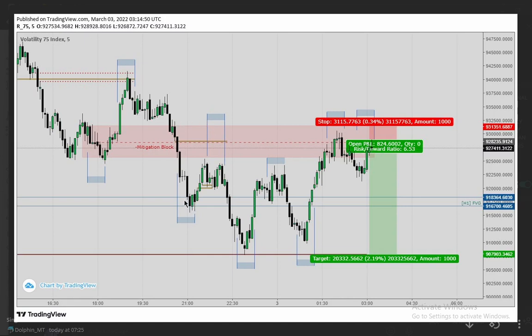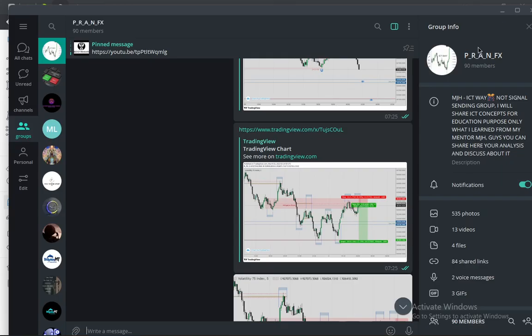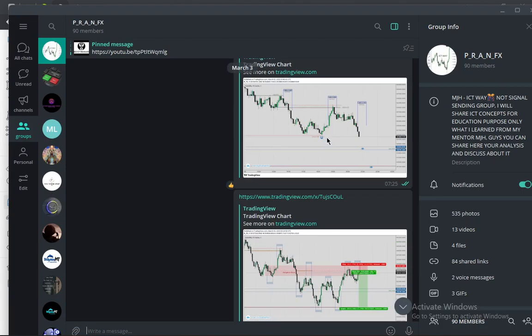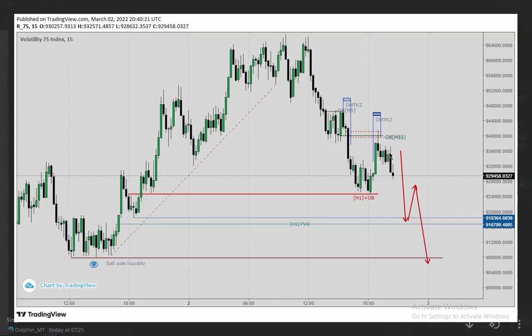Fair value gap happened during the Killzone. Price reacted there, and looking at this down-close candle as the bearish mitigation block, since we had high, low, lower high.